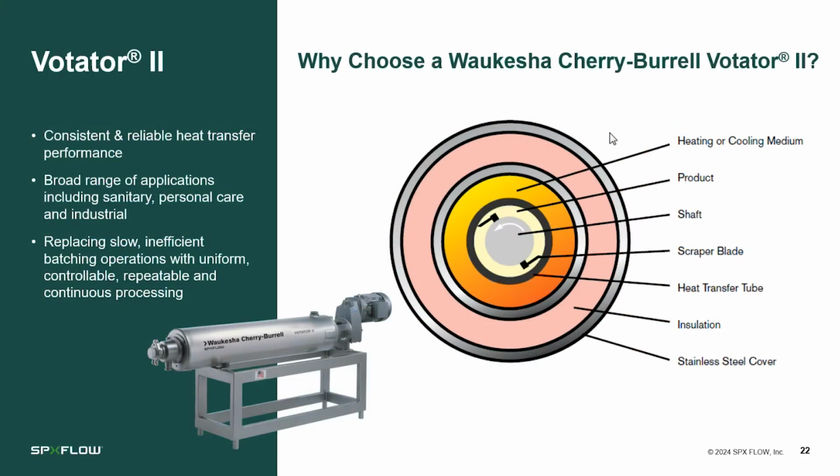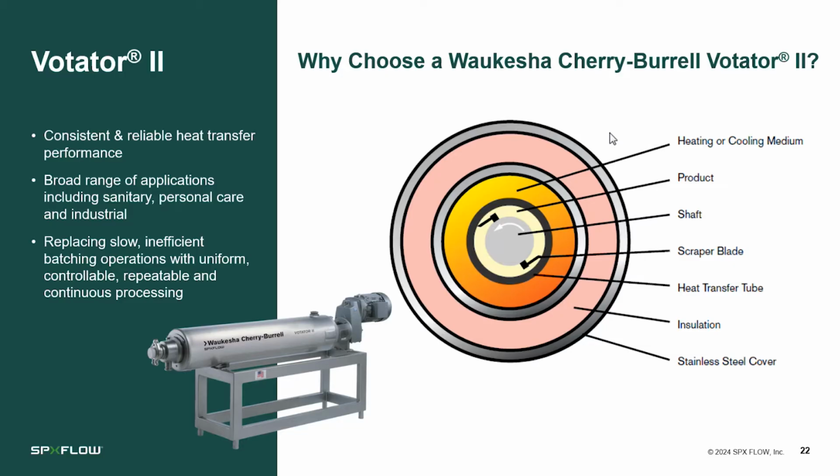So again, why do we choose the Votator II? And as you can see, there's a lot of components in the illustration, and we can talk about those. But really, why would you need it? You're looking for consistent, reliable heat transfer performance. With that constant scraping action, you're going to remove the product consistently from the wall, therefore renewing new product as it's flowing through the heat exchanger.